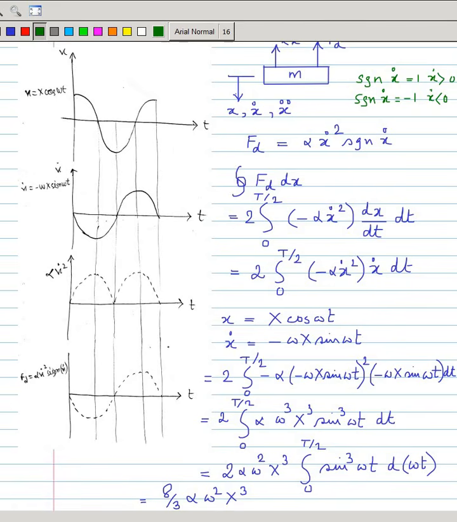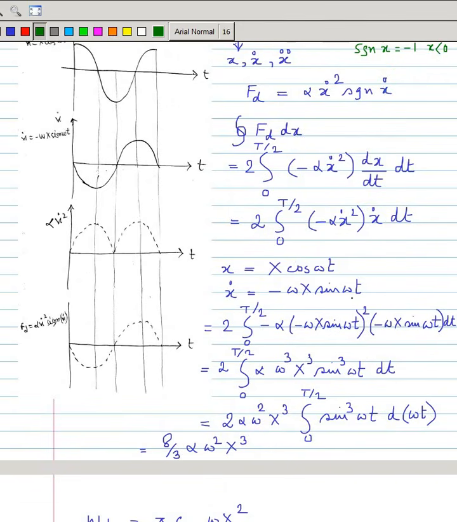So suppose from here to here we integrate 0 to T by 2, so it is minus alpha x dot square dx, which is minus alpha x dot square x dot dt, with x equal to X cos omega t as we have assumed. So x dot is minus omega X sin omega t. Now you integrate. Here again it has to be 0 to pi, not T by 2, it has to be 0 to pi.